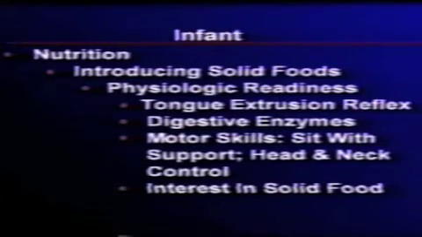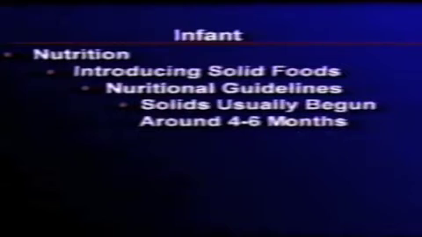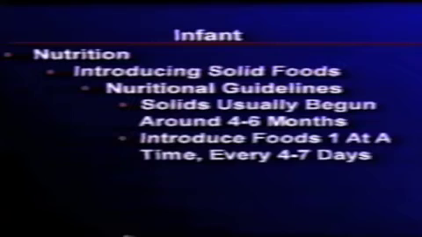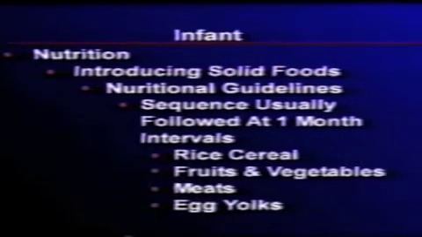But the guideline that you need to keep in mind is that usually between 4 to 6 months of age is when the infant will start to eat some type of solid food other than breast milk or formula, and to introduce foods one at a time so that if there is an allergic reaction, the food can be identified and eliminated. If you introduce 2 or 3 things at once, it's very difficult to determine which one is the cause of the allergy.